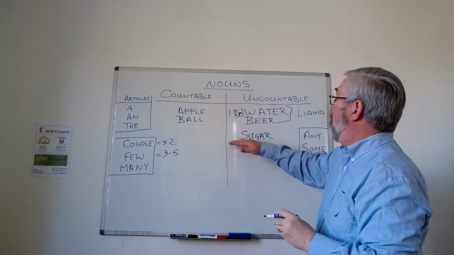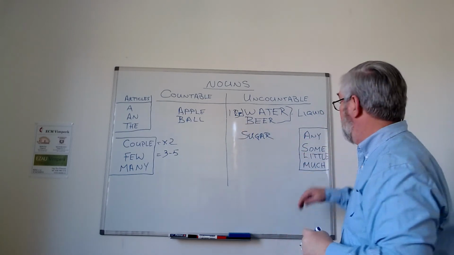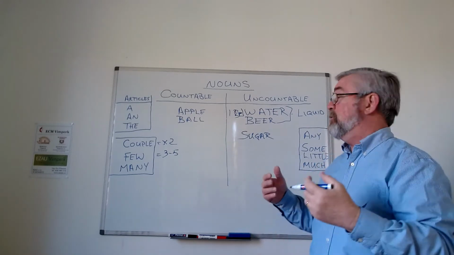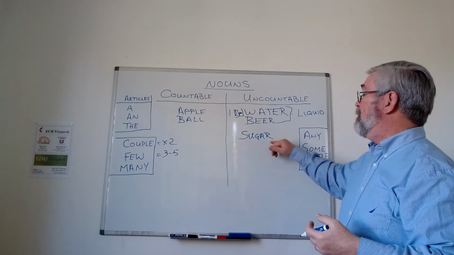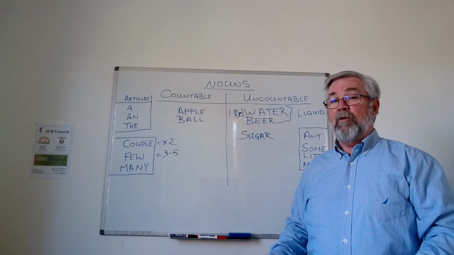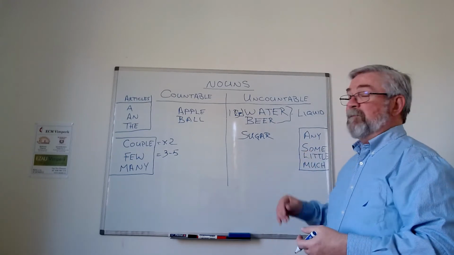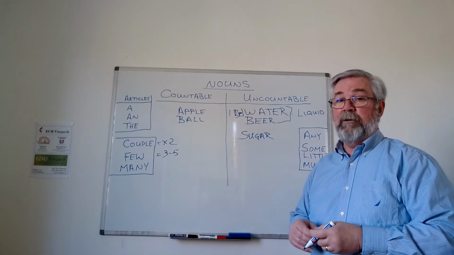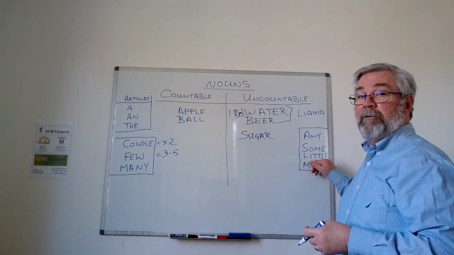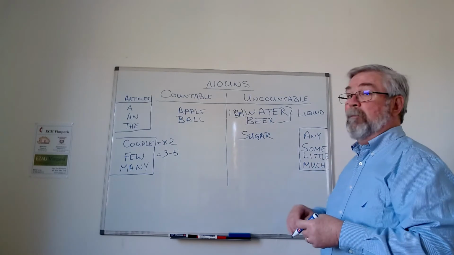You would put a quantity in front of it for a specific amount. Or just to be general, you would say, do you have any sugar? Is there any sugar in the store? I need some sugar. Do you have some sugar? I need a little sugar. Or that's too much sugar.